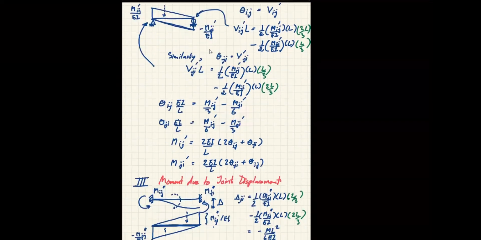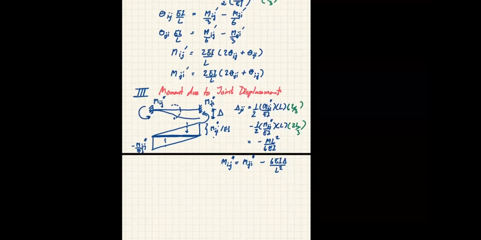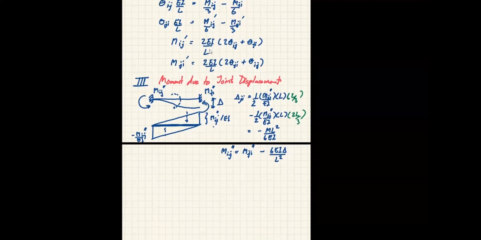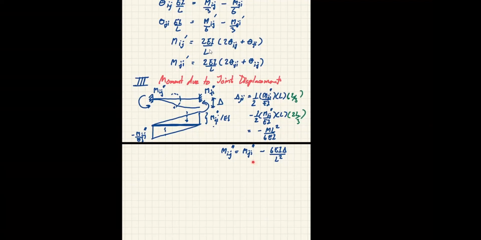And thirdly, we also developed the moment that will be induced by the joint displacement. So we got this. So now when I say we can write moment in three groups, I should say that we can also combine them in the end, right? So we are going to do just that.